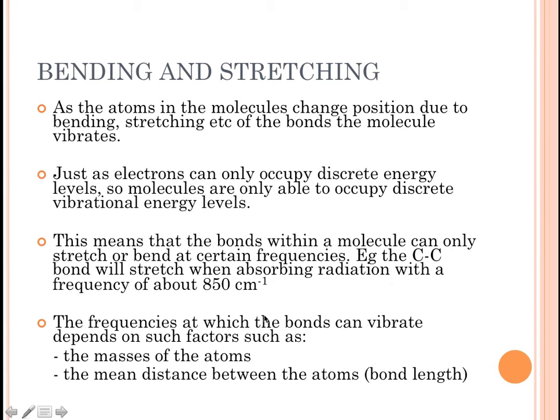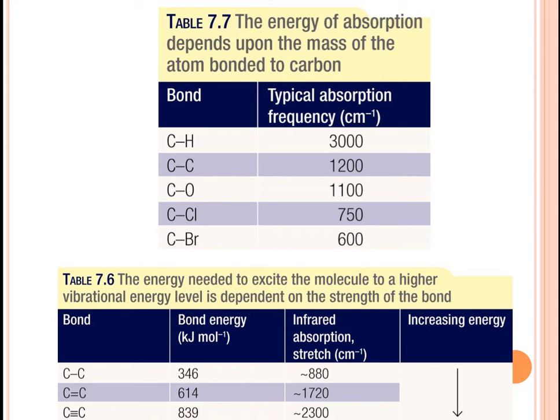The frequency is dependent on how heavy the atoms are and the distance between the atoms, so the length of that bond. Okay? And here are some examples of the bonds and the frequency that they absorb at. Okay? And we can see that when carbon is bonded to a lighter one, we get a higher frequency, and as it's bonded to heavier and heavier atoms, we are getting a decrease in the frequency.